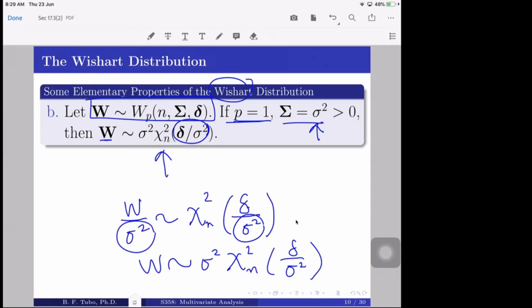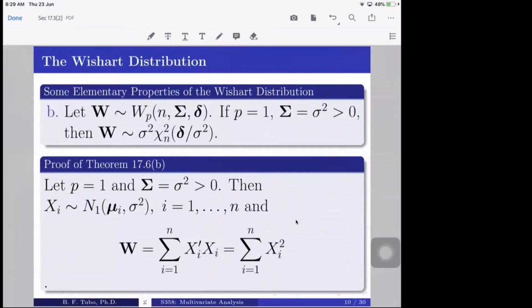So when p is 1, Wishart becomes chi-square distributed, but this is a non-central chi-square. When p is 1, the individual x i is left as just x1, no? So your x can just become a vector: x1, x2, to xn.